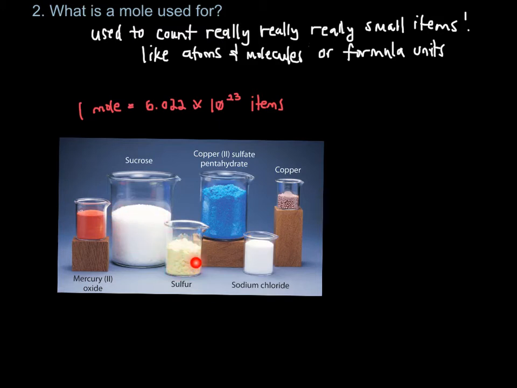Here we have a mole, or 6.022 times 10 to the 23rd sulfur atoms. Here is a mole of copper(II) sulfate. Here we have 6.022 times 10 to the 23rd sodium chloride formula units, and here we have a mole, or 6.022 times 10 to the 23rd copper atoms. So as you can see, atoms, molecules, and formula units must be really small if we can obtain a mole of them easily.